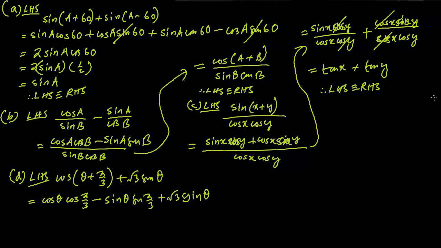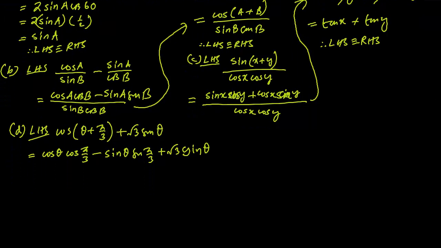Now when we break down cos pi by 3, remember cos pi by 3 is cos 60 degrees, and from the triangle, it is going to be half. So this is going to be cos theta multiplied by half. Now this is sine theta.